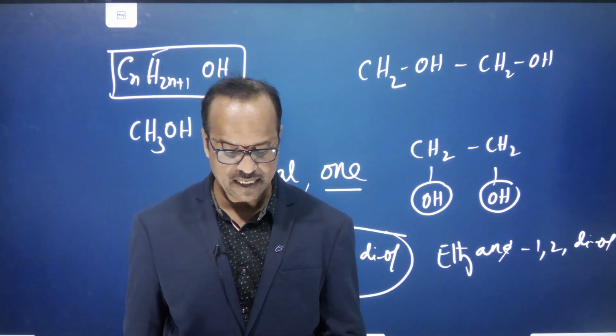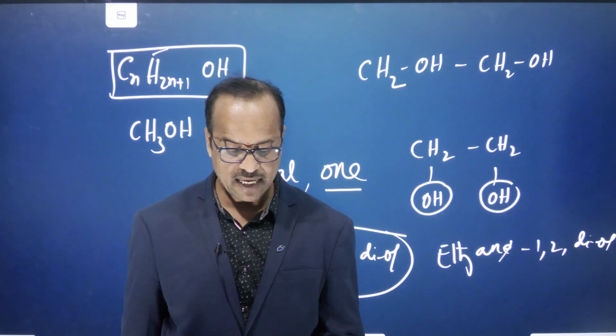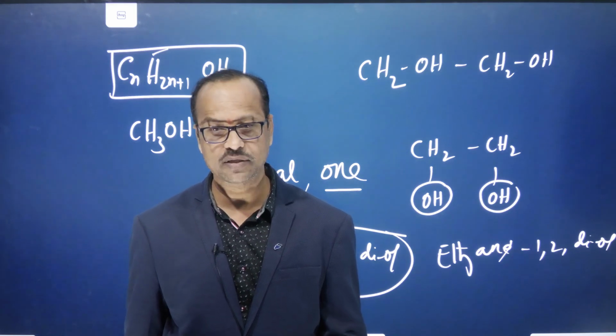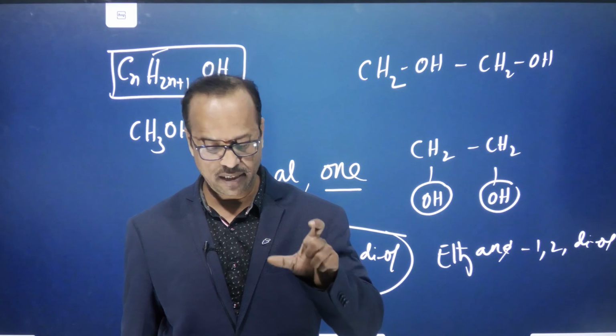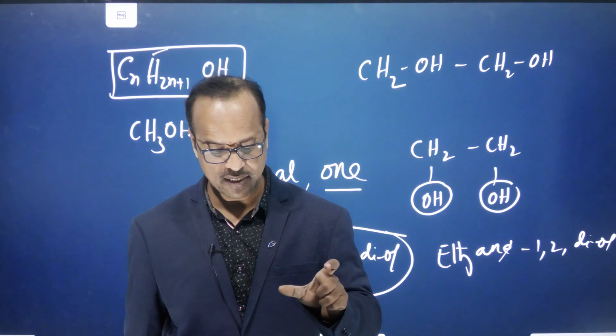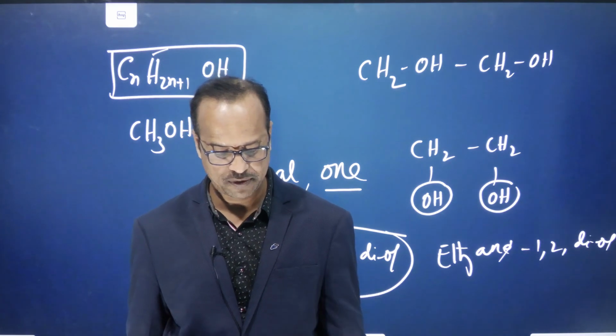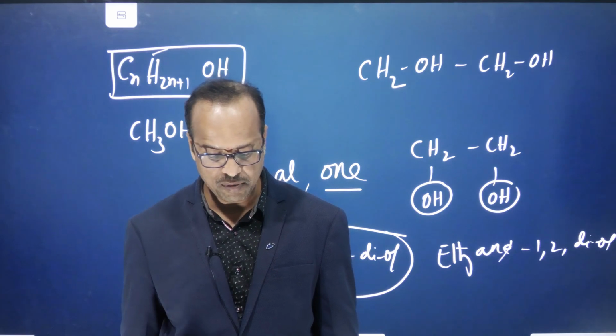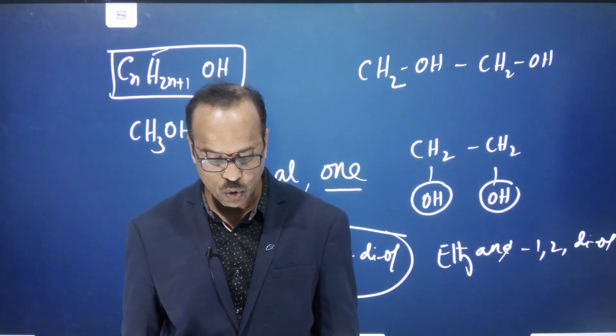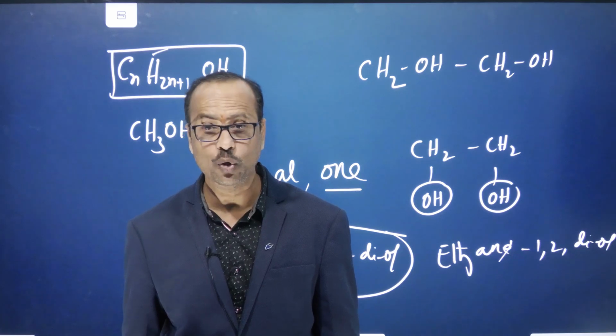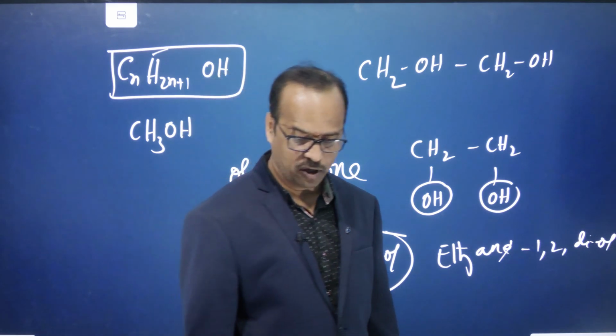The functional group present in acyl chlorides. Acyl chloride is what? COCl. So that is the second option. The structural formula of aminomethane. So what is the aminomethane formula?